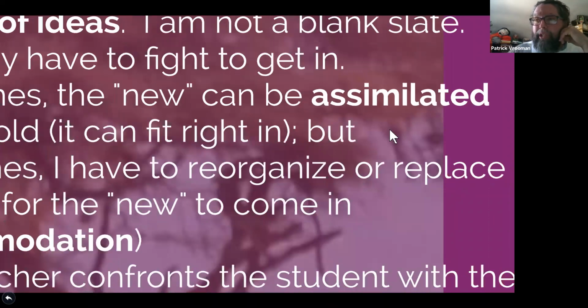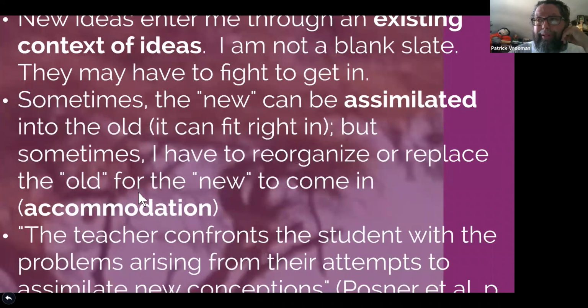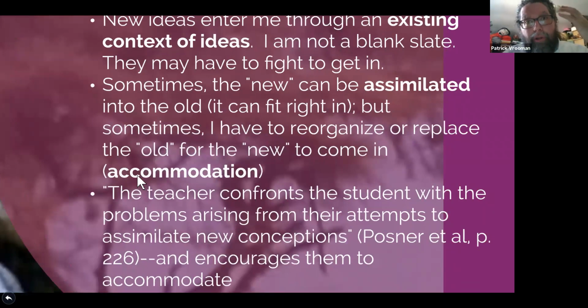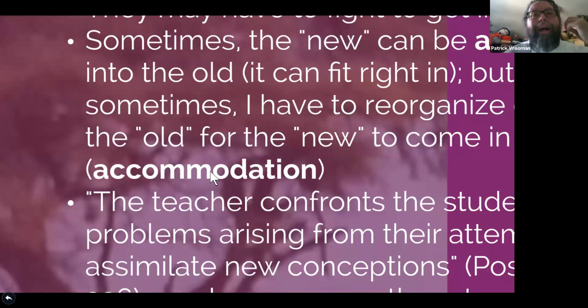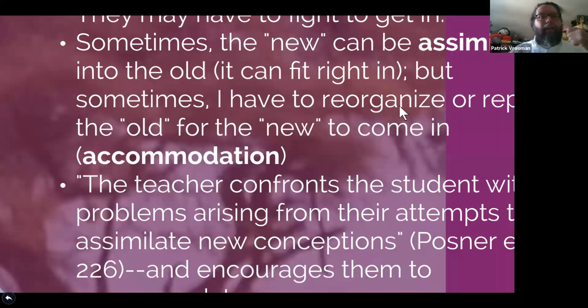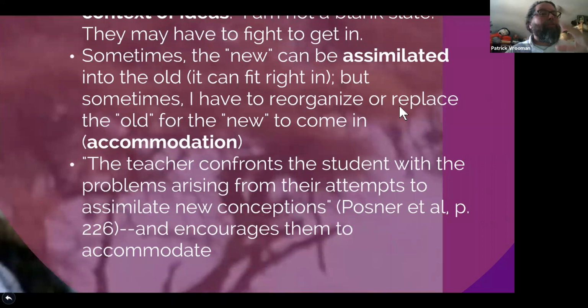But our concept change people are saying, yeah, but oftentimes our old concepts are the problem. Our old concepts are the ones getting in the way. And so what they said is we've got to do some accommodation. Accommodation is that sometimes you've got to reorganize or replace old concepts.